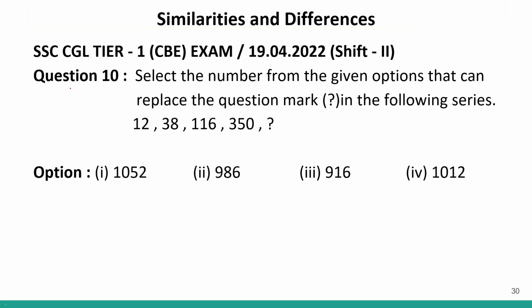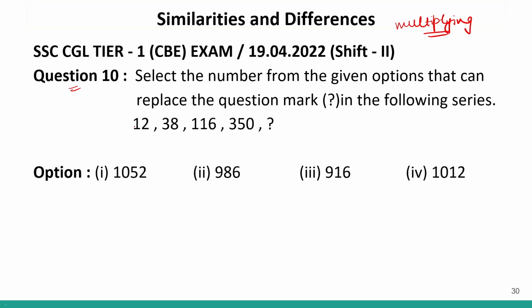So now let us look at this question number 10. So out of all these given options, we have to find out which one will come in this place. Now I told you that whenever you see such a big jump, always assume that we are multiplying. Right? We assume that we are multiplying. Multiplication is the operation that we are performing on this number to get this number.